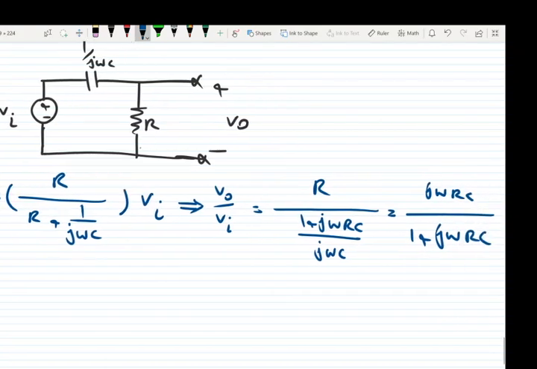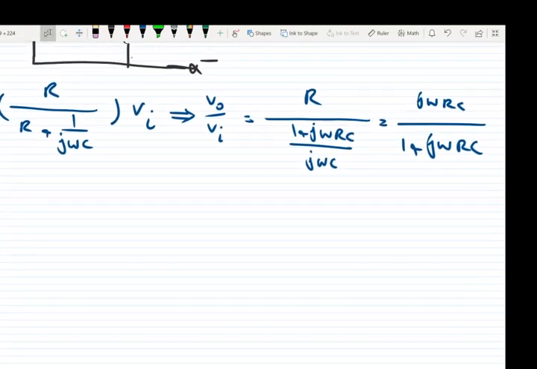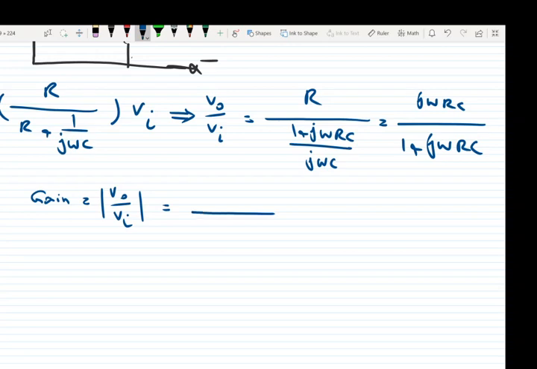So this one is the gain, T of j omega. So gain is equal to the absolute value of this number.